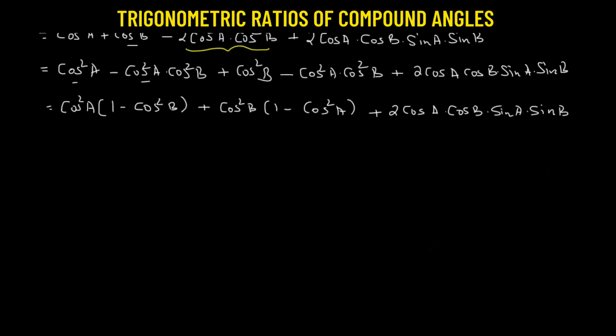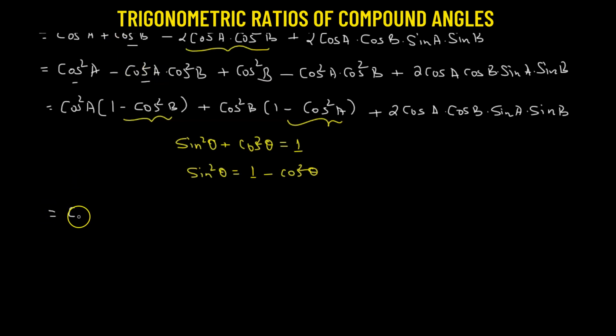Now we know that sine squared theta plus cosine squared theta, that's a standard identity with a value of 1. Meaning, if we want to isolate sine squared theta, this will become equals to 1 minus cosine squared theta. Now in the case we have 1 minus cos squared B, so here theta is represented by the angle B, and in this case we have 1 minus cosine squared A, where theta is represented by angle A. So we can replace them with the sine values.